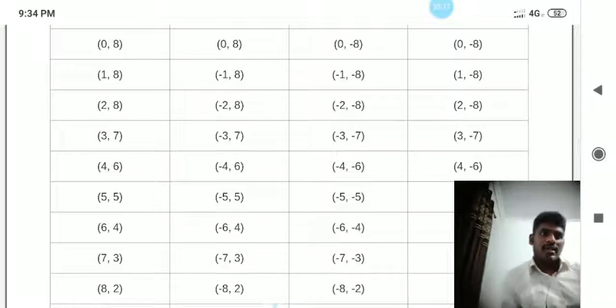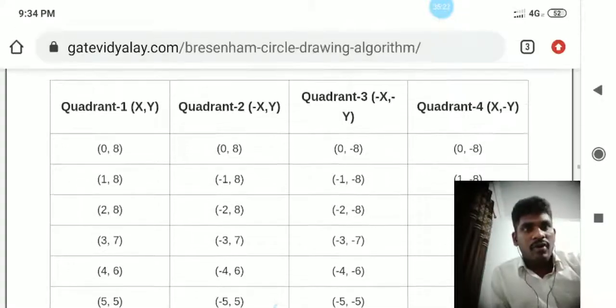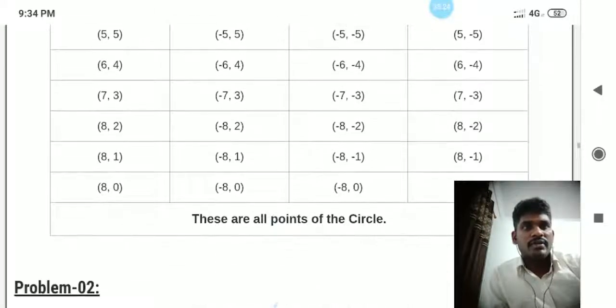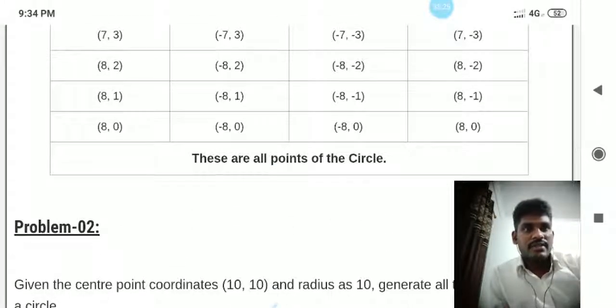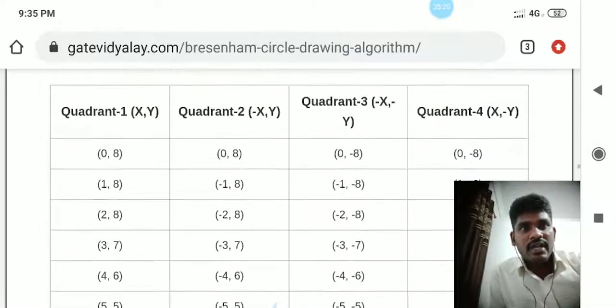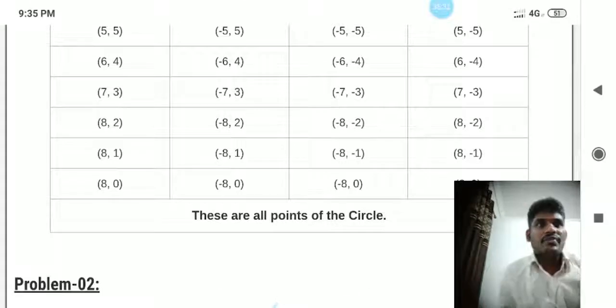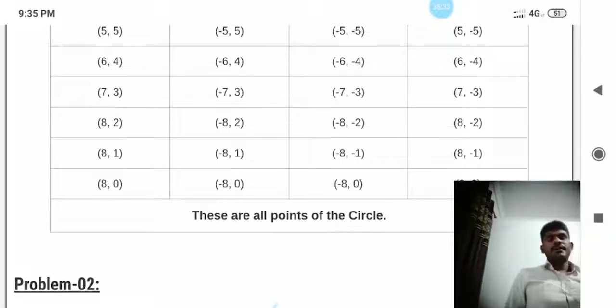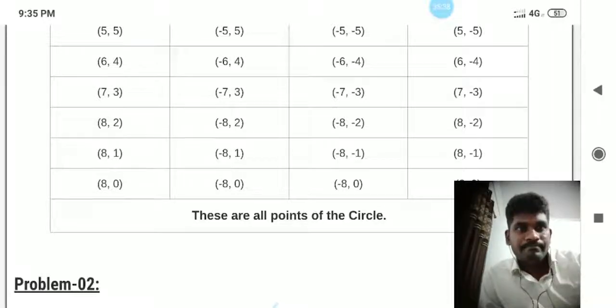In a circle, how many quadrants are there? 4. So we found the values for all 4. These are all the points of the circle. In total, how many points? 64 points, 8 into 8, totally 64 points will be there.